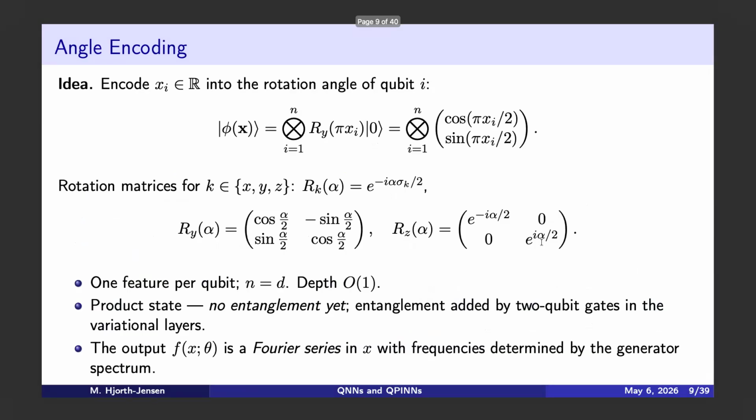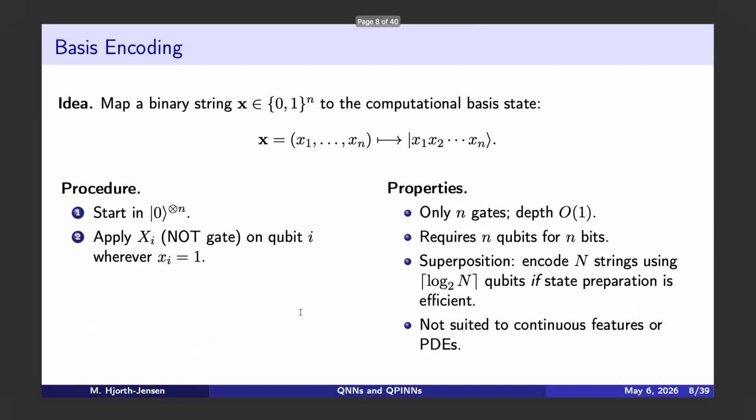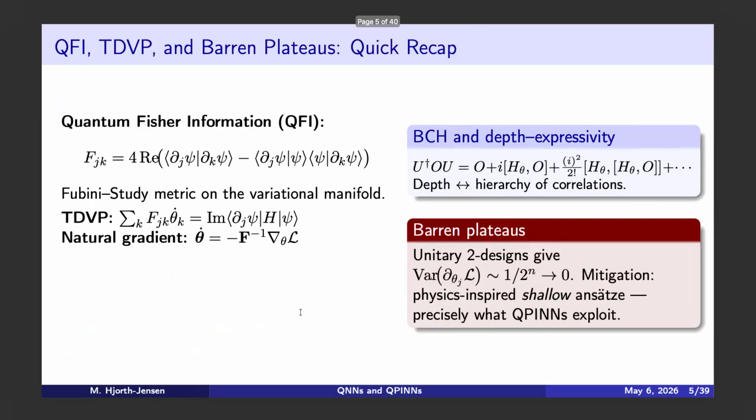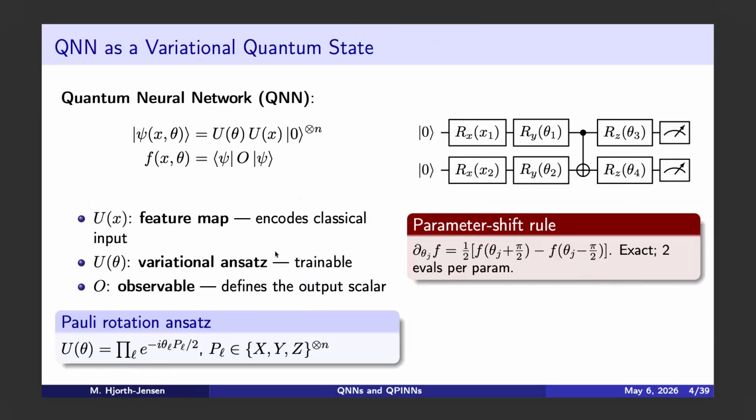So the alternative is something which is called angle encoding, which is widely used. There's one feature per qubit. There's a product state. There is no entanglement yet, it's just a product state. So typically, when you look at the way you encode the unitary feature map, you don't have entanglement in that one.